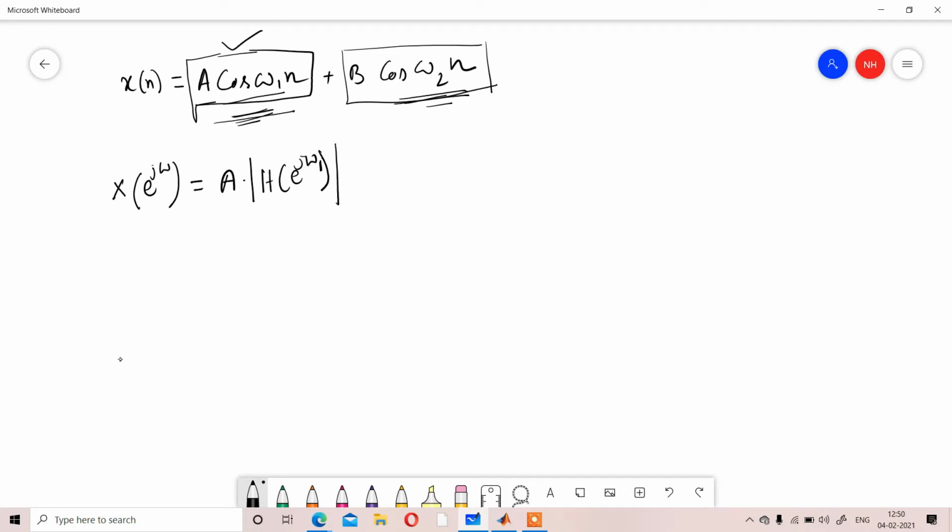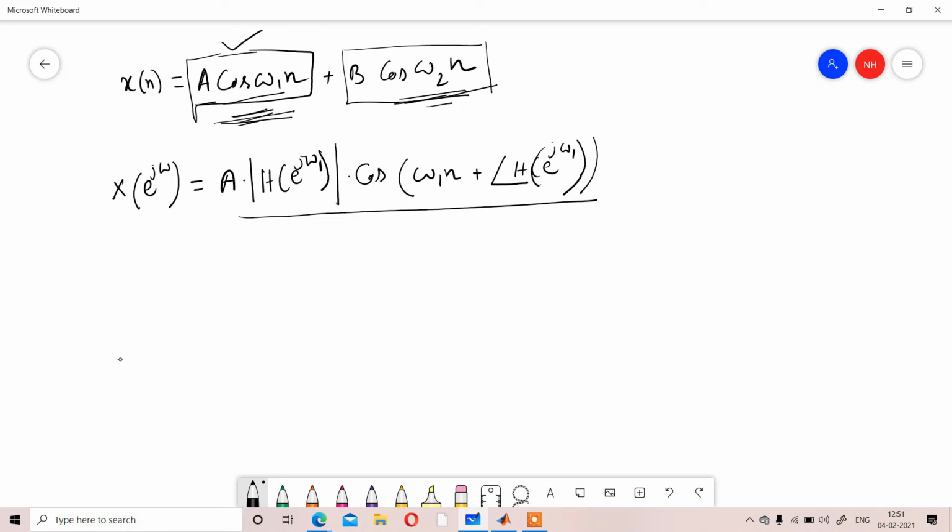So for the first case, a, that is a constant magnitude, multiplied by cos of omega 1 n plus the phase angle, that is h e to the power j omega 1. That will be the first response for a cos omega 1 n.